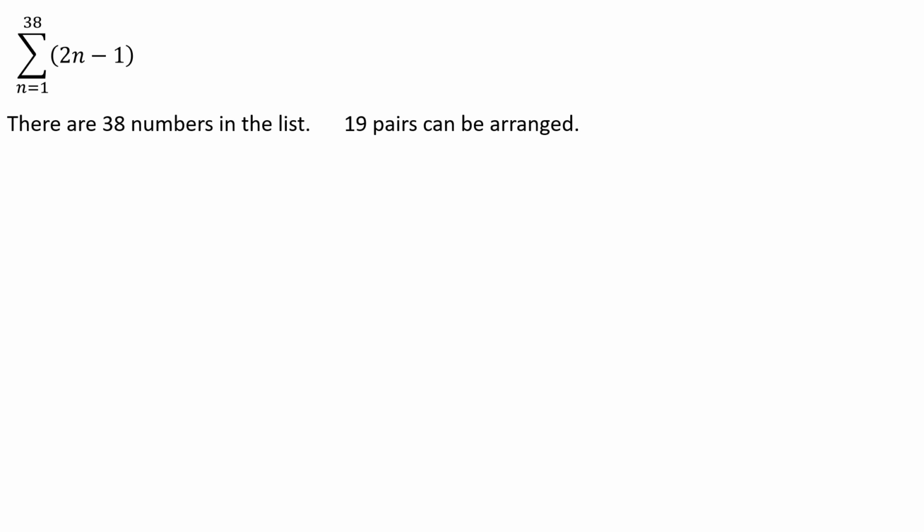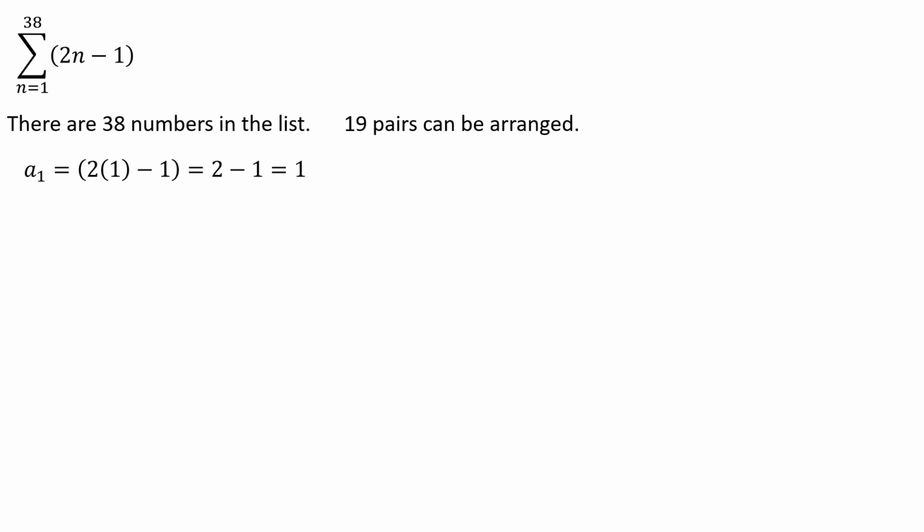Well, I better figure out the first number in the list, right? So I better take the number 1 and plug it in. So 2n minus 1 becomes 2 times 1 minus 1, and of course, that becomes 2 minus 1, which is 1. So the first number is 1. What's the last number?